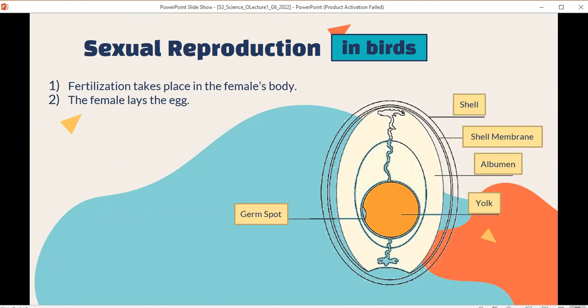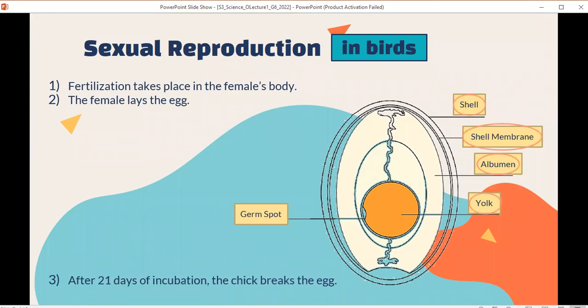The shell membranes protect the embryo from viruses, for example, and the shell, which is the outside of an egg, is porous and lets air or oxygen enter the egg so the embryo can breathe. As I said, the shell is for oxygen, the shell membrane for protection, and the albumin protects the yolk. It is a source of protein and water. The yolk is the source of food for the embryo.